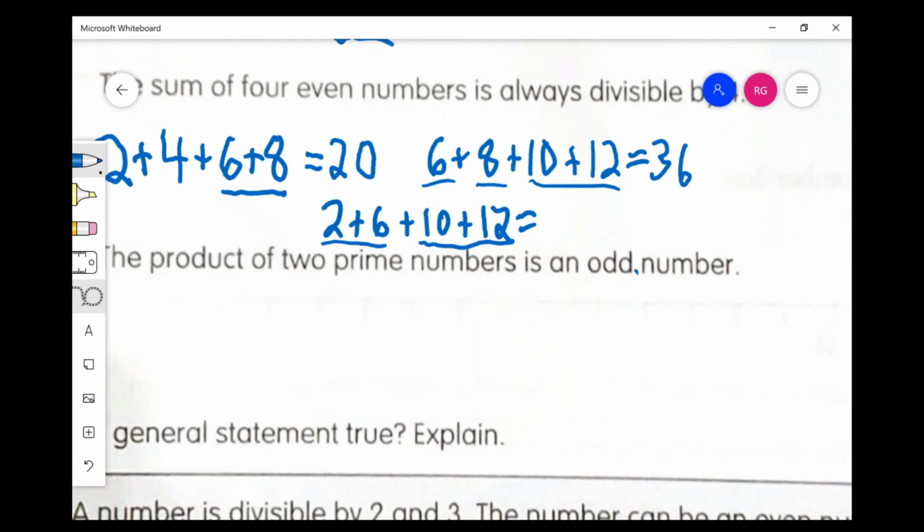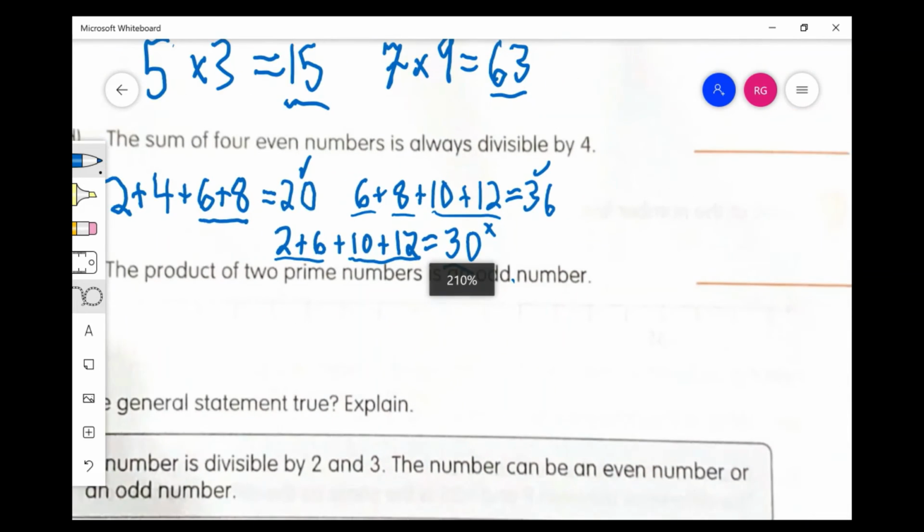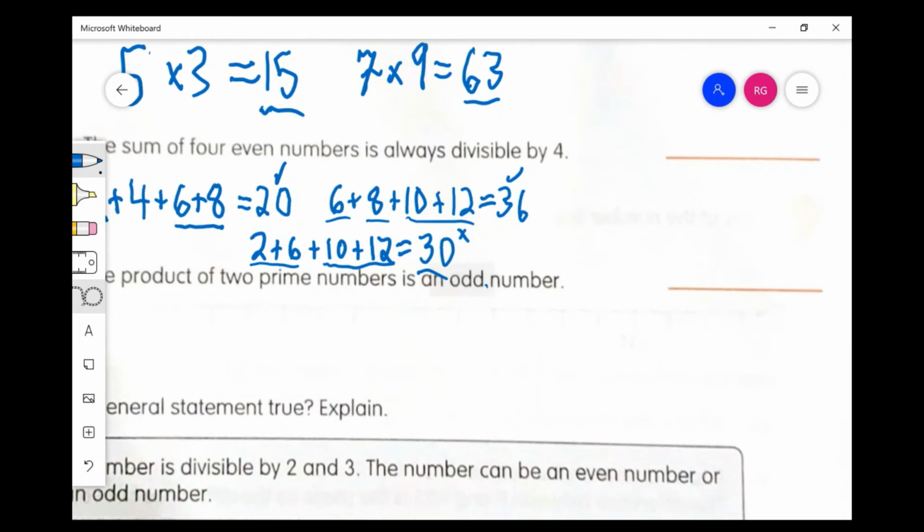Well, if we get 30, is 30 divisible by 4? No, it's not. So while these first two were, this one is not. Okay, so we will have to say false. It's not always. Looks like in some cases it is, but not always. So we need to say false.